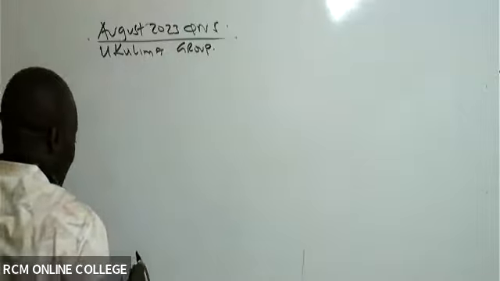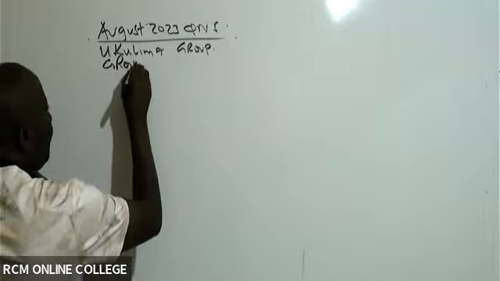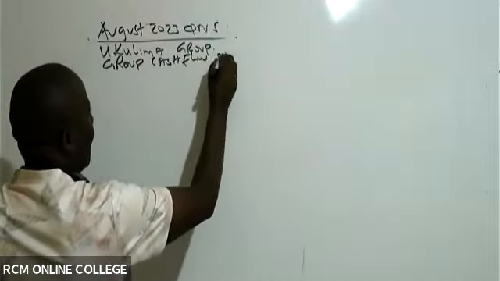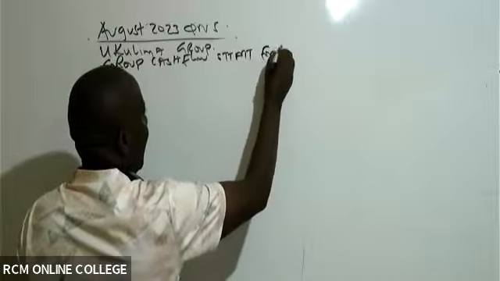So under Ukulima Group, what are we doing? We are giving them a group cash flow statement for the period ending 30th September 2022.